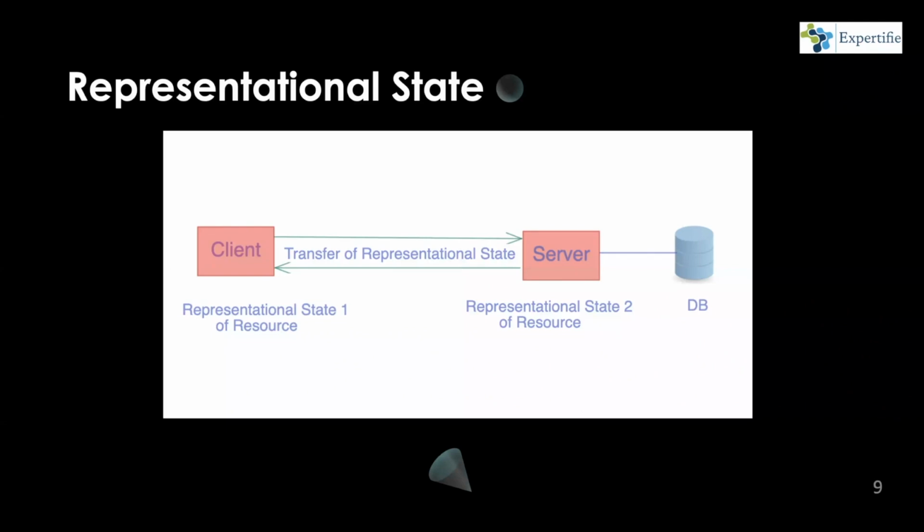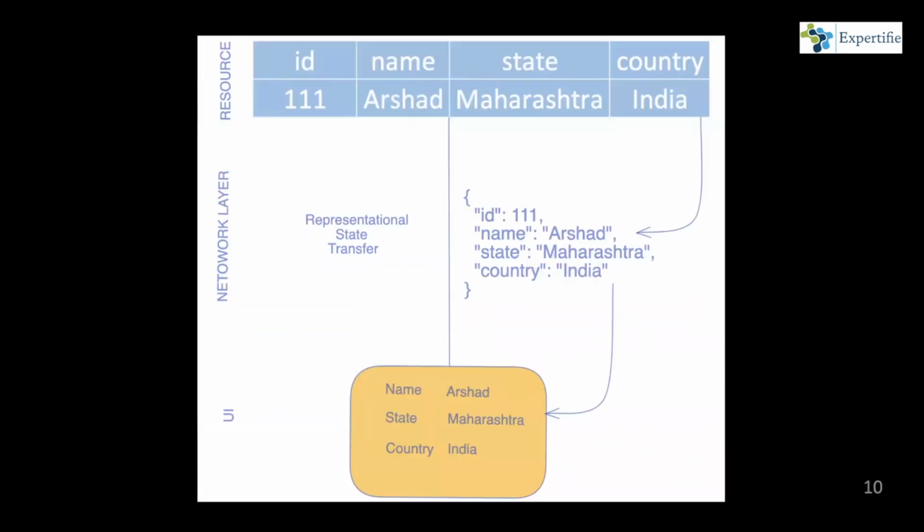We are talking about the data. For customer ID one, the way we store the data may differ, but ultimately it is the same resource. Let's say the resource has ID 111, the name is Arshad, state is Maharashtra, and country is India.